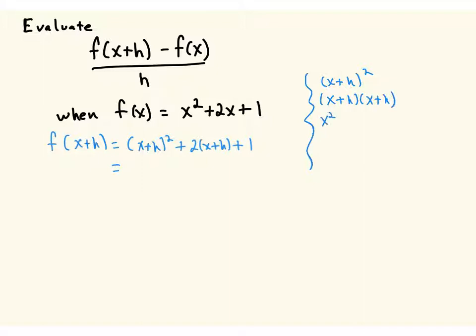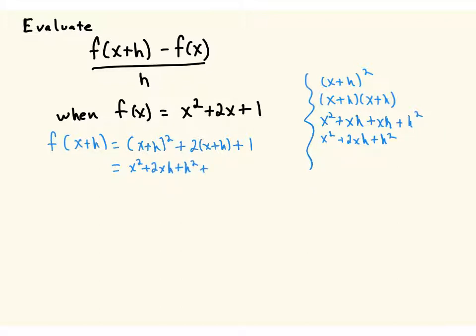So we're going to have x squared plus x times h. In the interior, here we have h times x, which we can write as x times h, plus h squared. So we get x squared plus 2xh plus h squared. Okay, so this initially is x squared plus 2xh plus h squared.